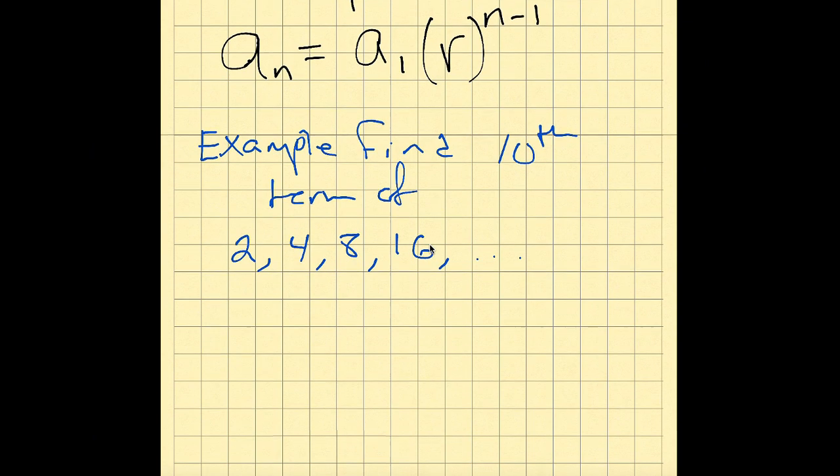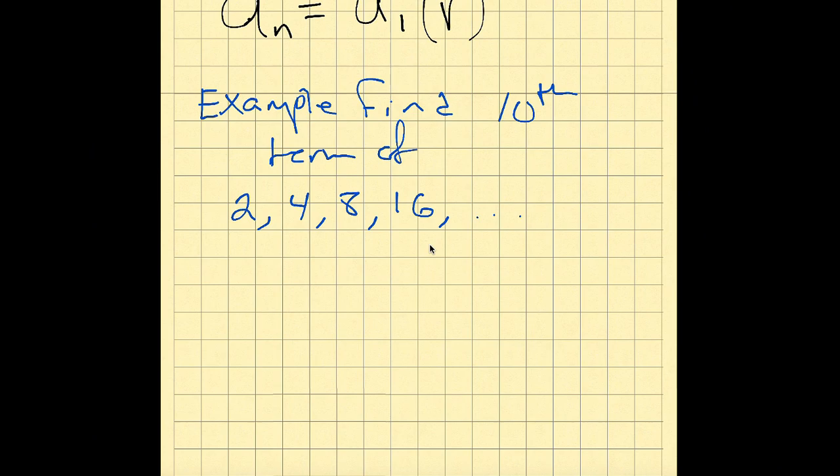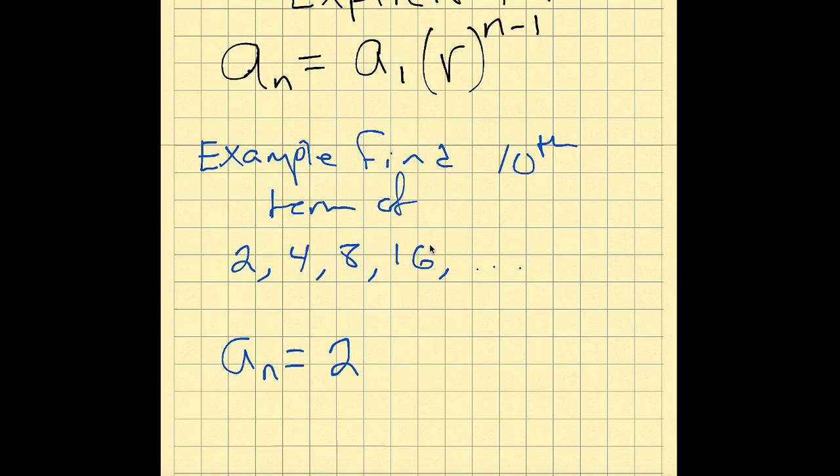If we're going to find the 10th term, we know the rule would be 2, which is the first term, times this one. In this particular one, it's being multiplied by 2 each time. So we would use 2 to the n minus 1.